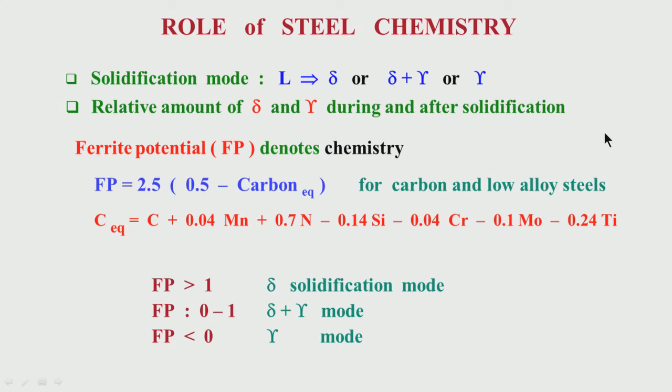If we know the alloying elements present, we can find out the carbon equivalent, and from this figure or this relation we know how the solidification is taking place, whether through delta mode or gamma mode, and what the relative proportion of delta and gamma is just at the end of solidification. Beyond that it will again change.